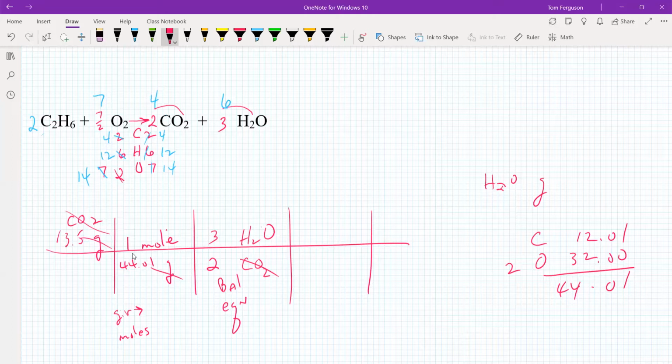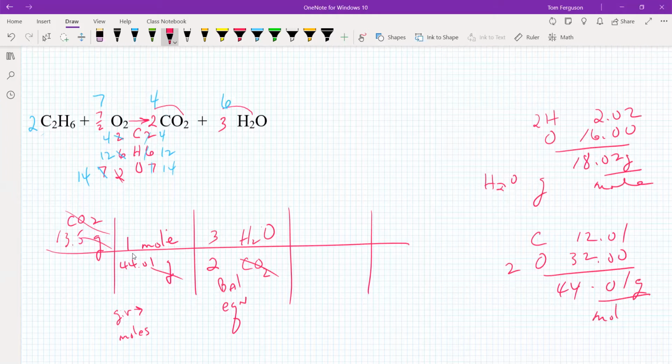Water is 2 hydrogens, 2 times 1.01 apiece, and oxygen is 16, so that's 18.02 grams per mole. We want the moles to cancel, so we're left with grams of water.